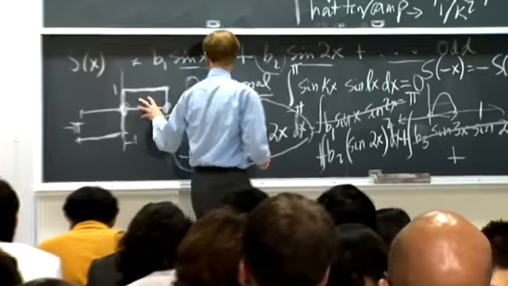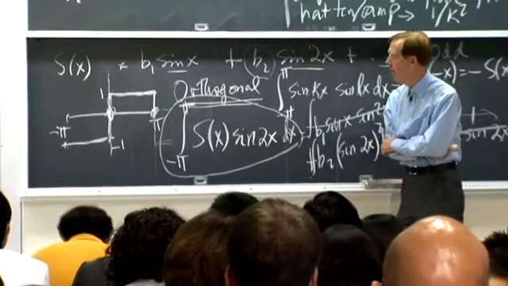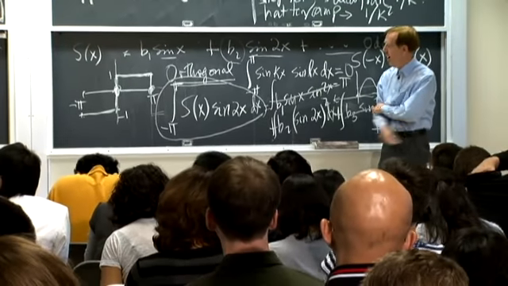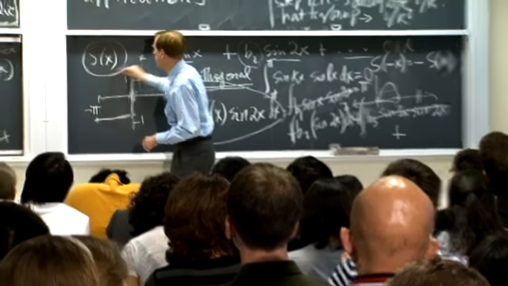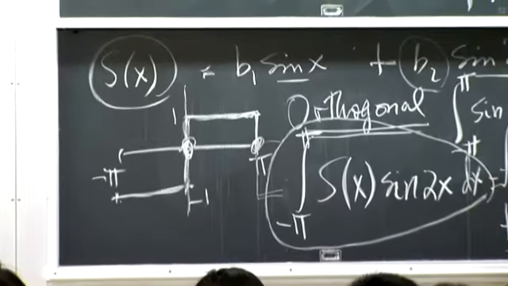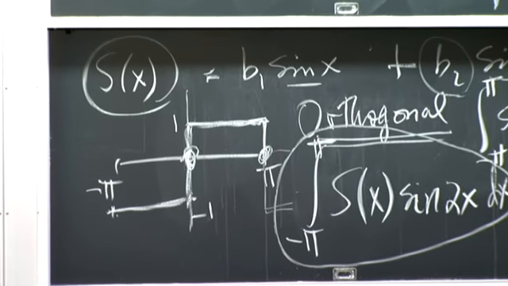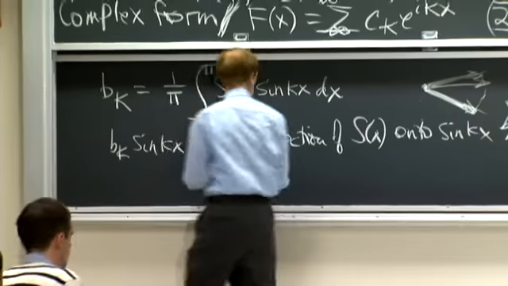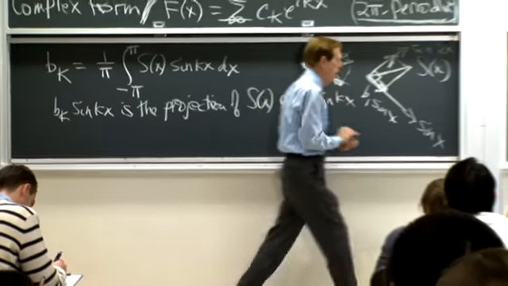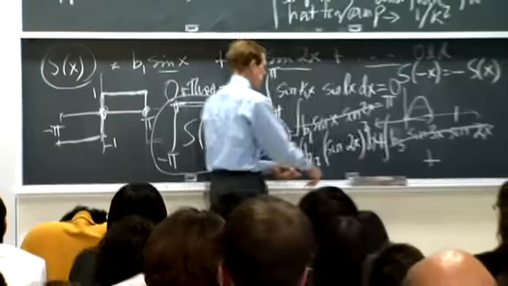Let me find the coefficients of that particular function s of x. This is the step function, the square wave s of x. Let's find its coefficients. I'll just use this formula. Maybe I'll erase so that I can write the integration right underneath.